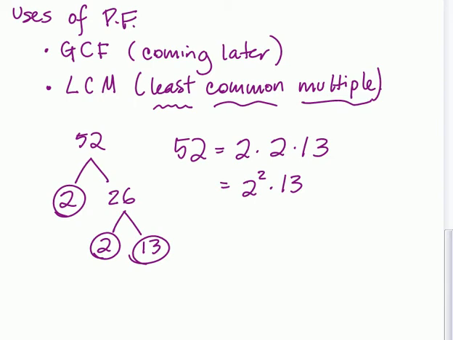Okay, I have another one. Let's try 231. So we're finding the prime factorization of 231. So what goes into 231? Does 2? No. Does 3? Remember how we decide if 3 goes into a number? We add up those digits. 2 plus 3 plus 1 gives us 6.